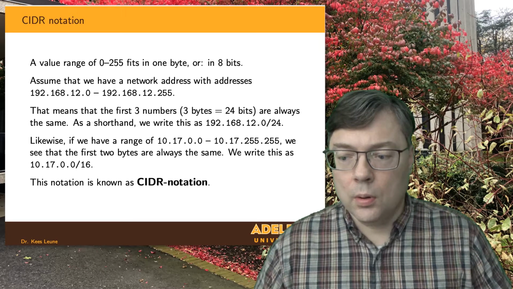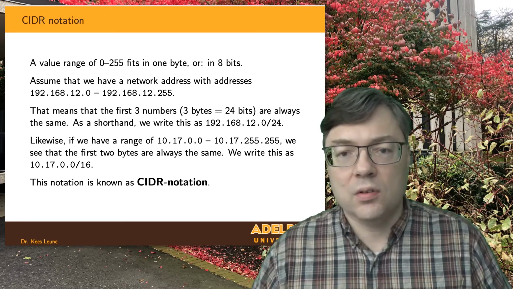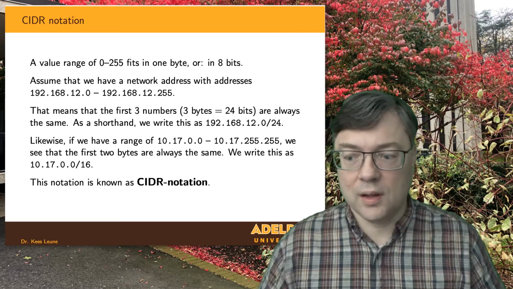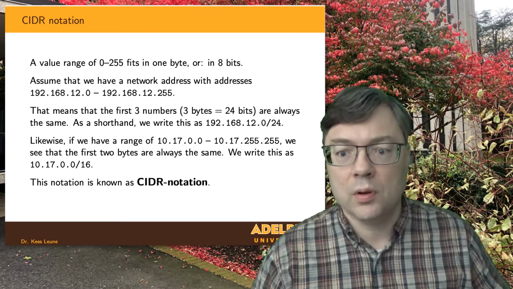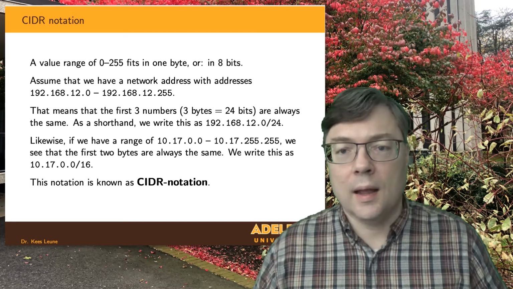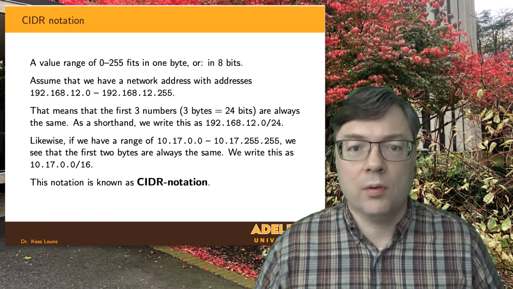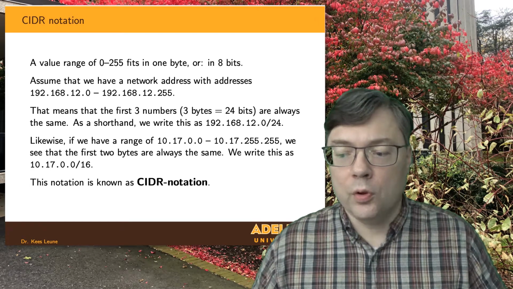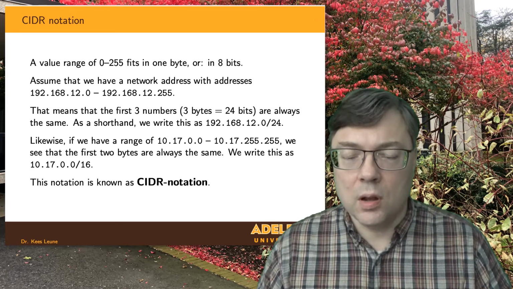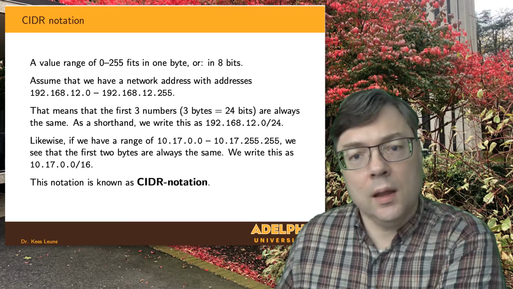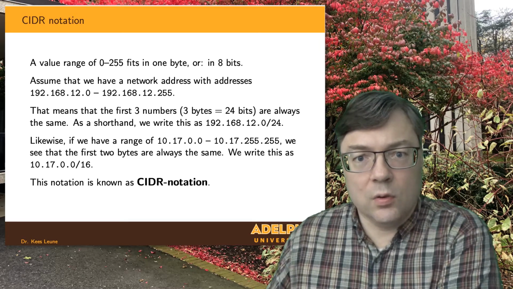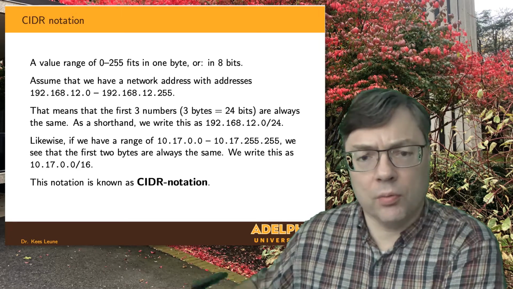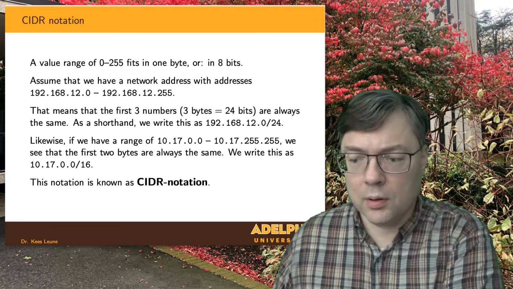And so it means that if the first 3 numbers in my IP address are fixed, like we saw when we were looking at 192.147.12, or when we're looking at the addresses we might get at our home routers, 192.168.1 or .0, then the first 3 numbers are fixed. And that means I can only assign the last number, 0 through 255, to computers on my network. And there's actually a couple of reserved numbers in there, but for now let's ignore that part.